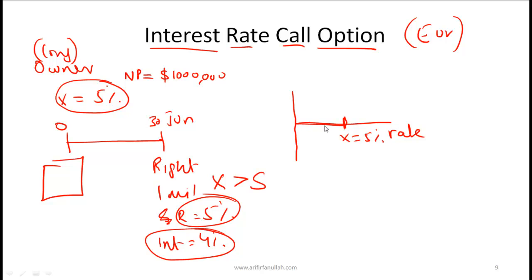So this interest rate call option has a positive payoff if the market rate is greater than 5%. On the other hand, if the market rate is less than 5%, then the interest rate call option is out of the money and there is no payoff.